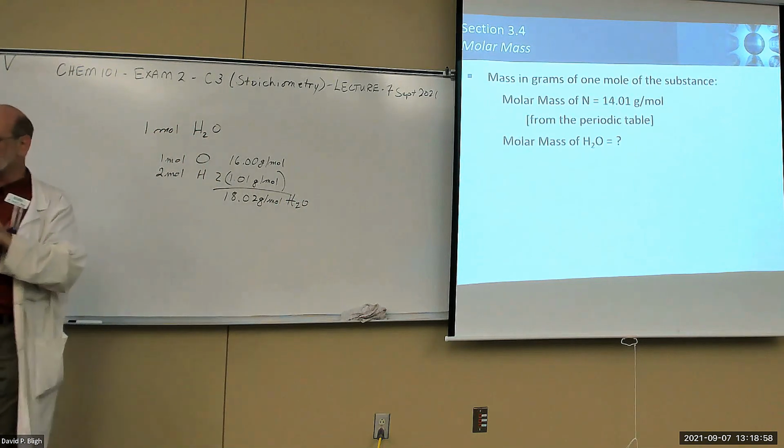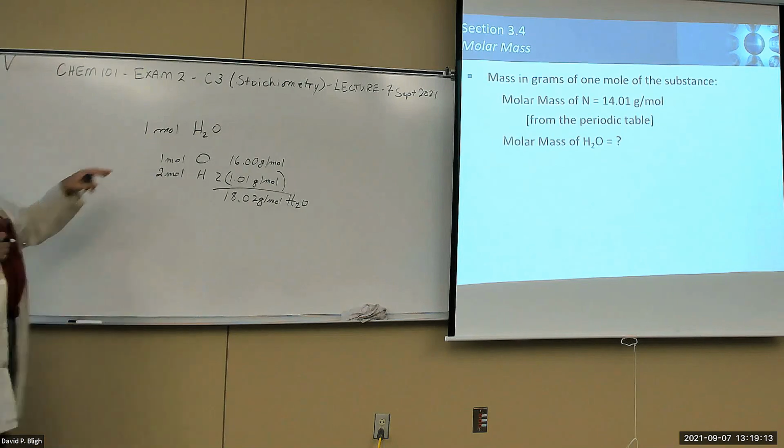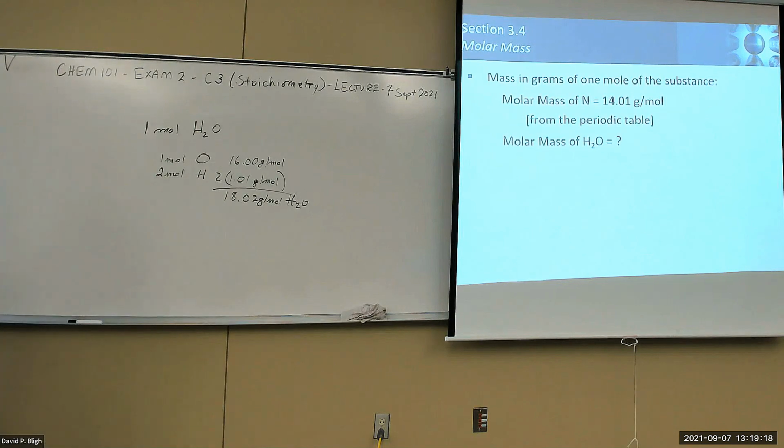So all you have to do is, once you've got the formula, you just take the individual molar masses for each of the elements times how many of them there are and add them all together. And that's the molar mass for the molecule or the formula, right?